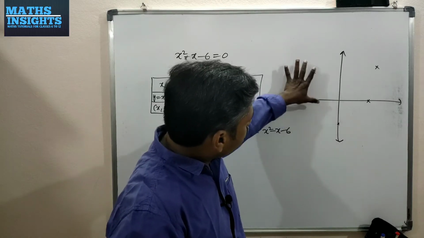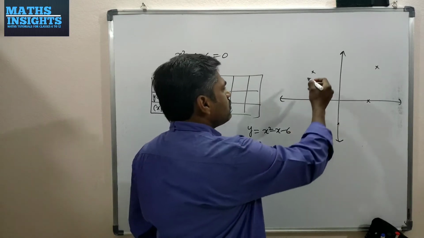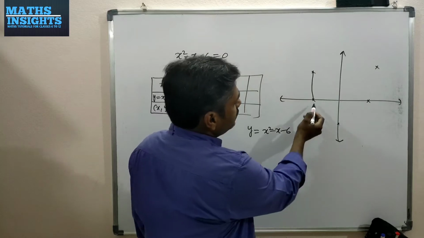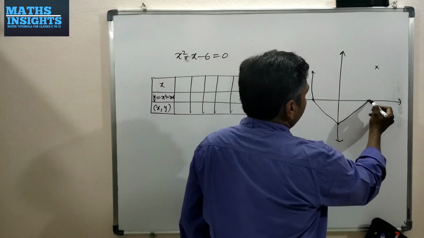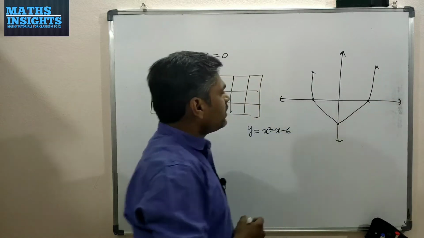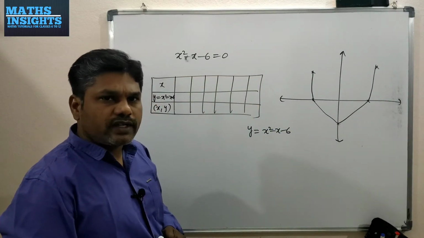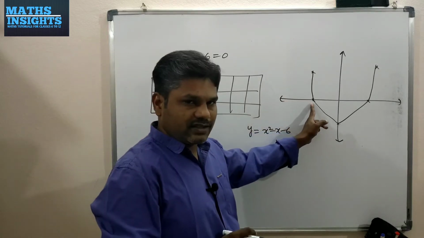That means to join these 3 points you should not use the scale. So for these 2 points only you have to use a scale. Then again you may use a scale here, and also here, and also here. After drawing like this, you have to observe where it is meeting the x-axis.